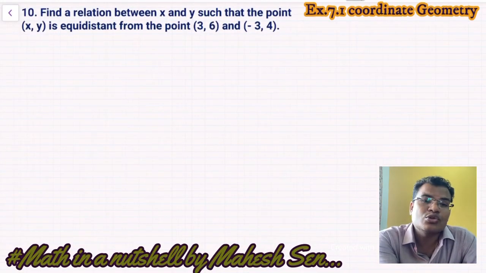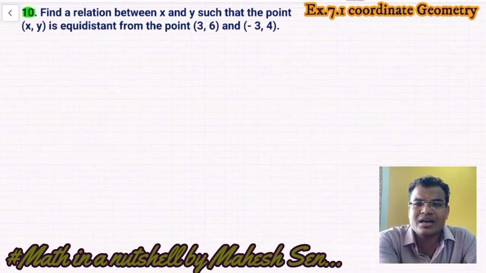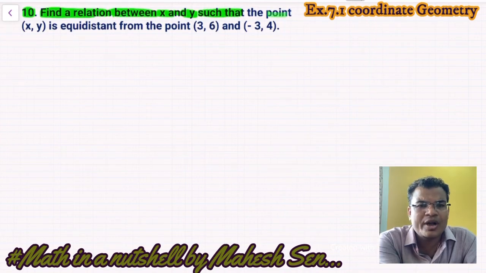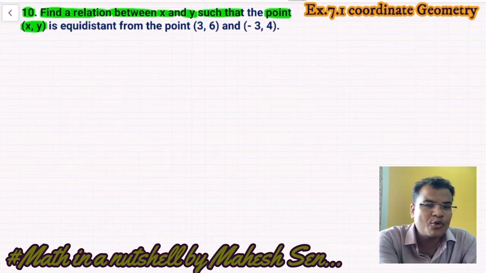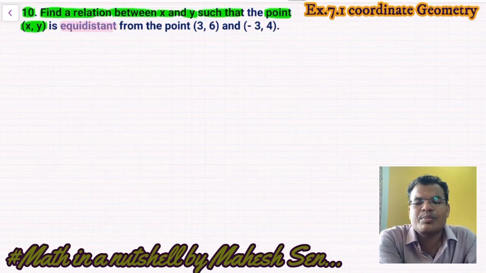7.2, sorry. So what is question number 10? The last question of exercise 7.1, coordinate geometry. Find the relation between x and y. So we'll get some equation in the form of x and y, when the point x comma y is equidistant from these 2 points, 3 comma 6 and minus 3 comma 4. You have done equidistance many a time.